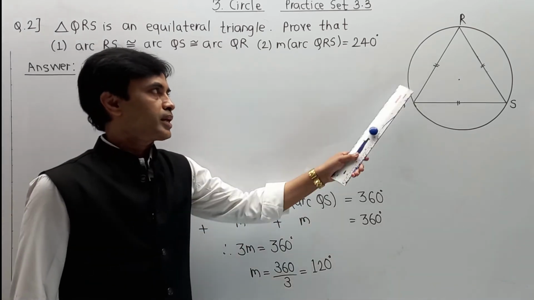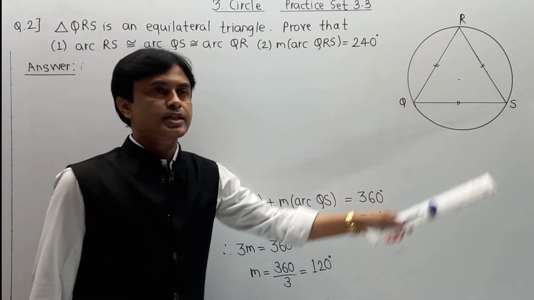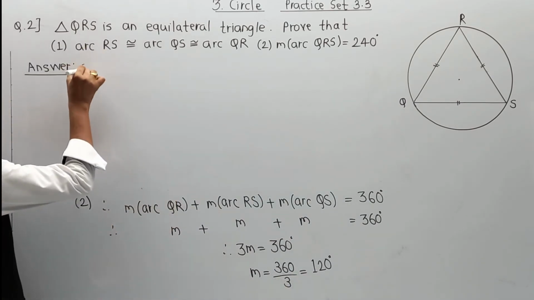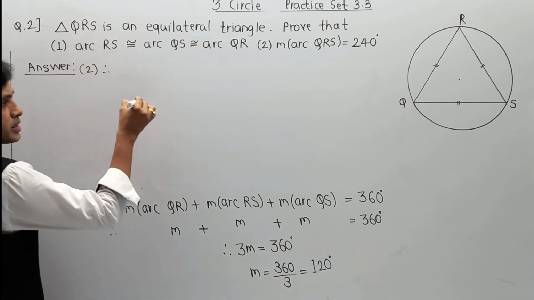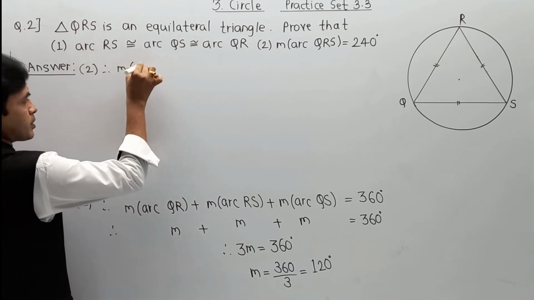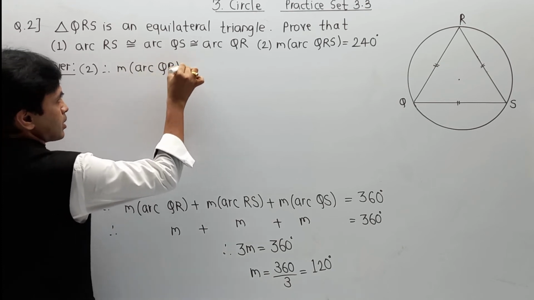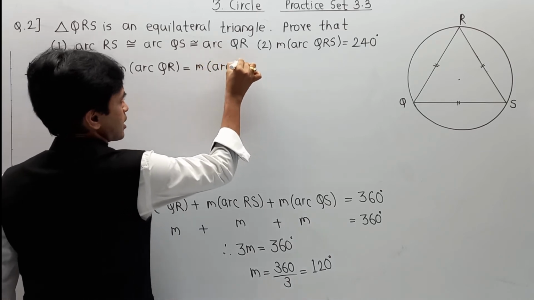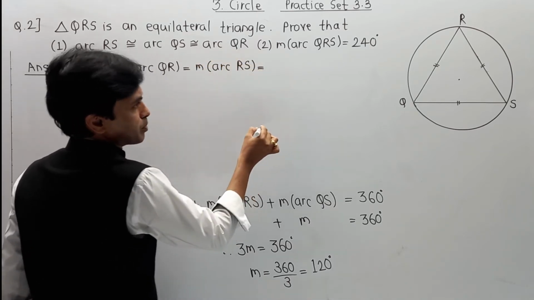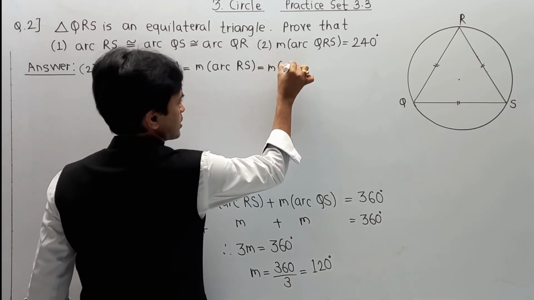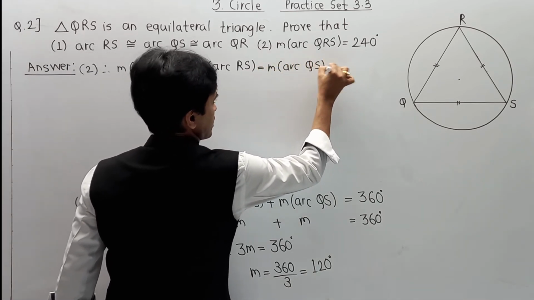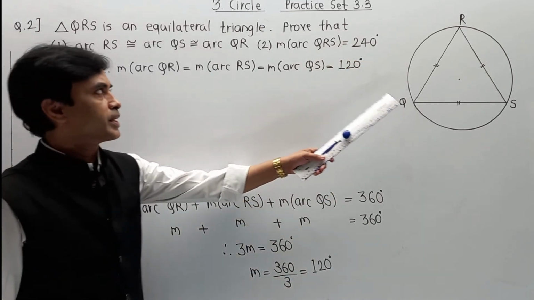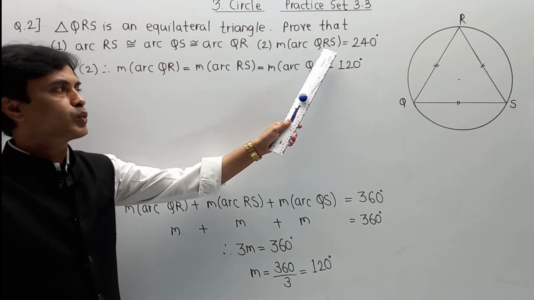Now, as we know that QR, QS and RS all are equal and they become 120 degrees. So continuing the second part, therefore arc QR is equal to arc RS is equal to arc QS is equal to 120 degrees. As all three arcs are 120 degrees, we want to calculate major arc QRS.